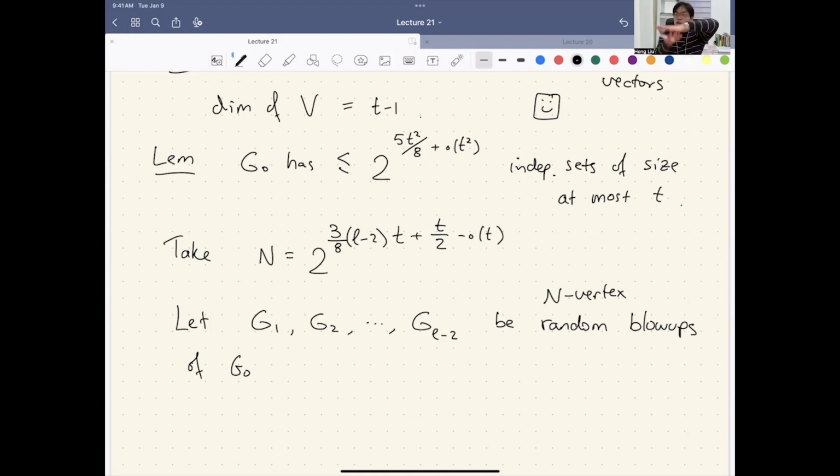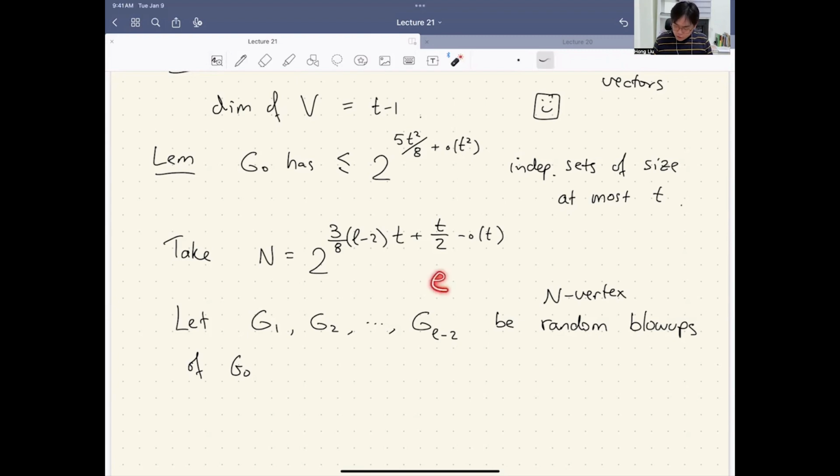You take the union of these L minus 2 copies and put them together. This is the idea we've seen previously, the Alon-Rödl idea we mentioned when we talked about multicolor K4 versus clique. Remember? Put them together, so we get a new graph.